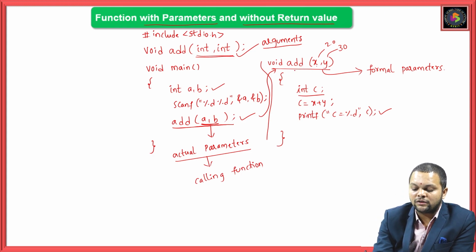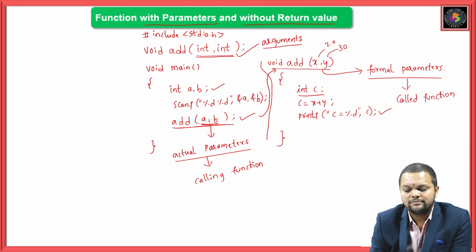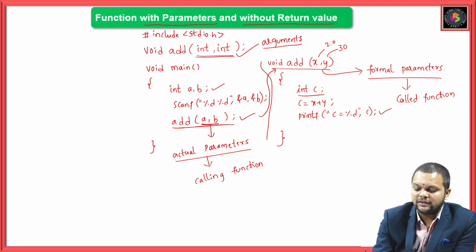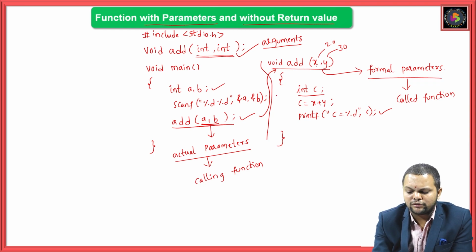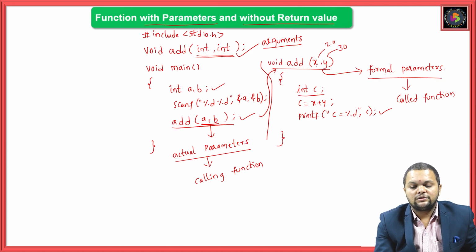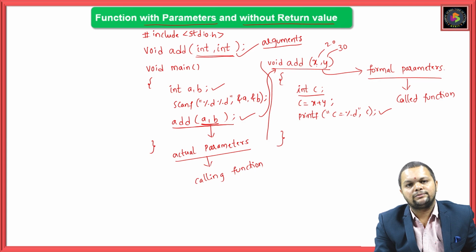If the parameters are in the called function, we'll say formal parameter. That means we can modify the names there and use the modified names. Sir, can I use a b also? Yes, you can use a b also. That doesn't matter.